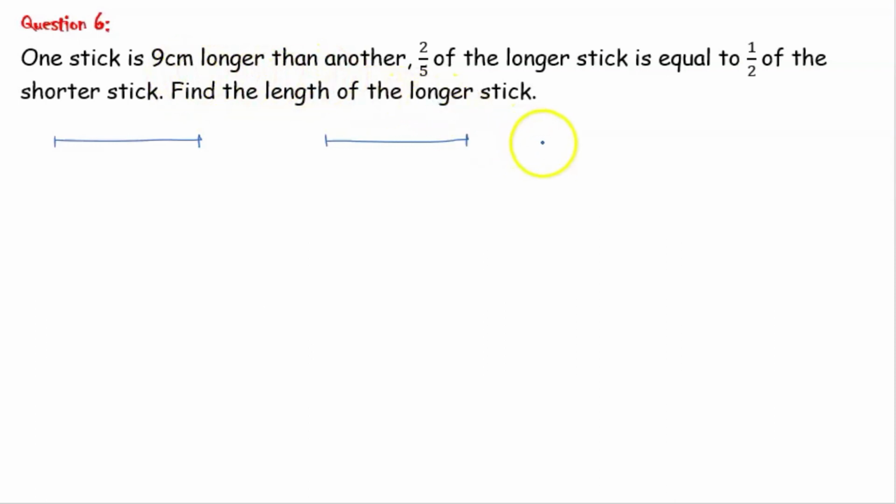So let the original length be x. So if this is x and this is x, we're told that one is 9 cm longer. So we add 9 to this. Let's assume this is the longer one. We are adding 9 to it.